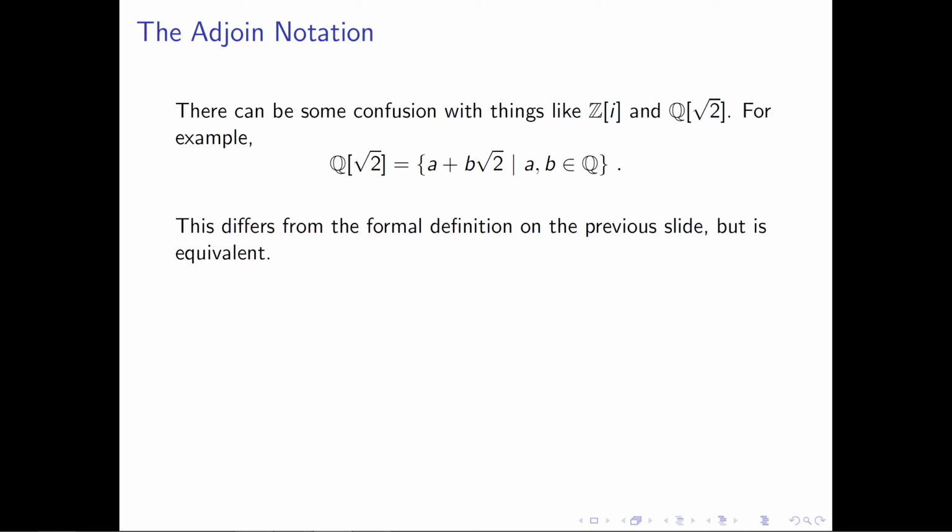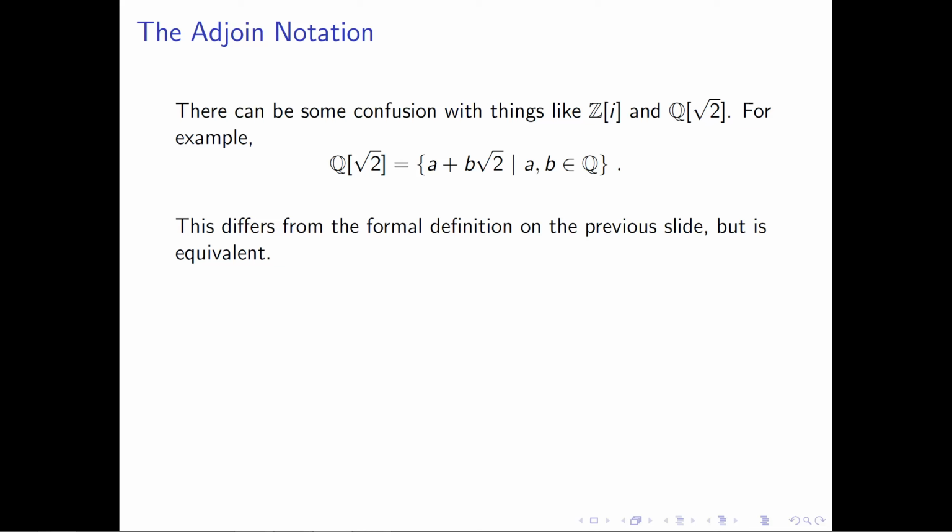And since I'm considering the set of all possibilities where a and b are rational numbers, I'm going to have taken into account a plus b root 2 plus c root 2 squared already when I just take into account a plus b root 2.